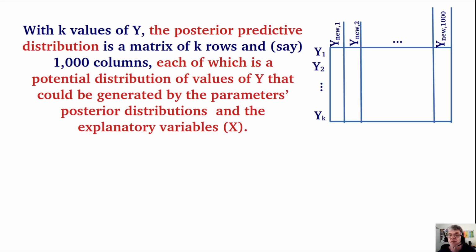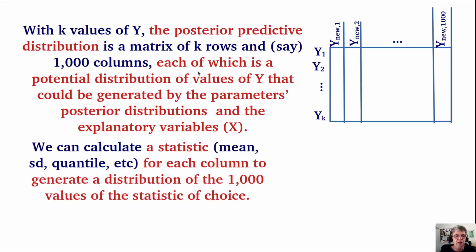So these are the k values of a response variable. This is one of the posterior distributions that could have been generated. This is another. This is the 1000th posterior distribution that could have been generated out of the same data.